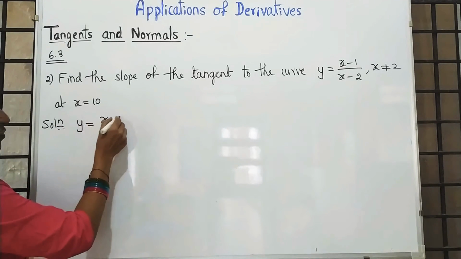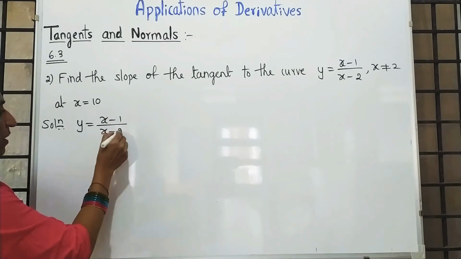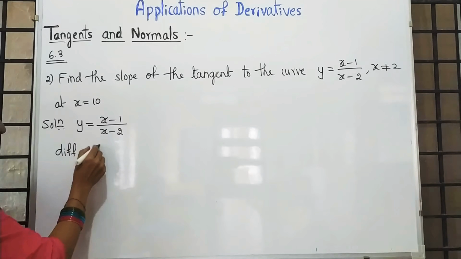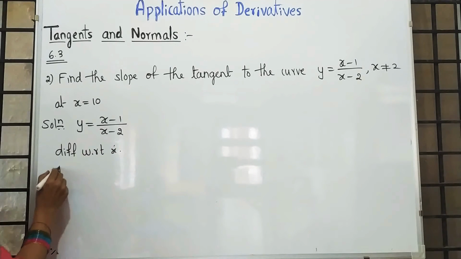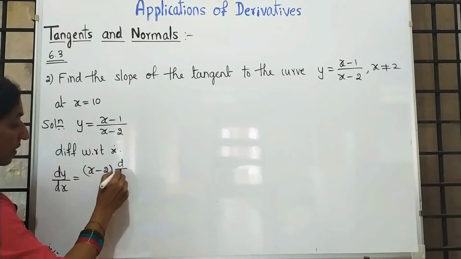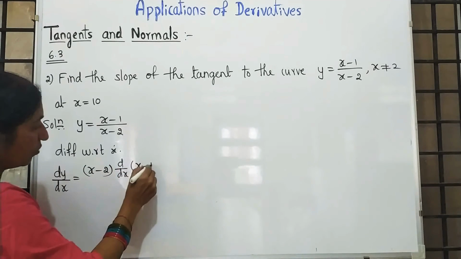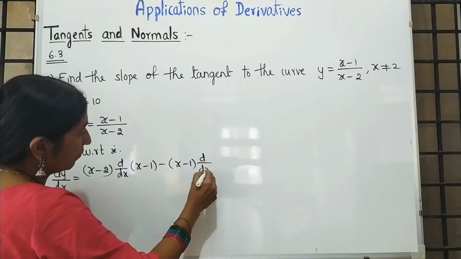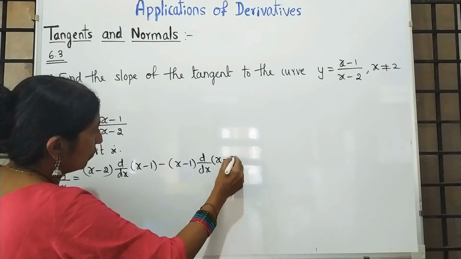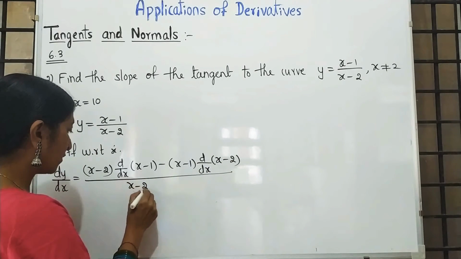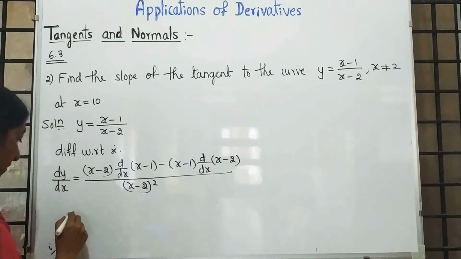y is equal to x minus 1 upon x minus 2. Differentiating with respect to x, dy upon dx is equal to x minus 2 (u by v method) into differentiation of x minus 1, minus x minus 1 into differentiation of x minus 2, whole divided by x minus 2 whole square.